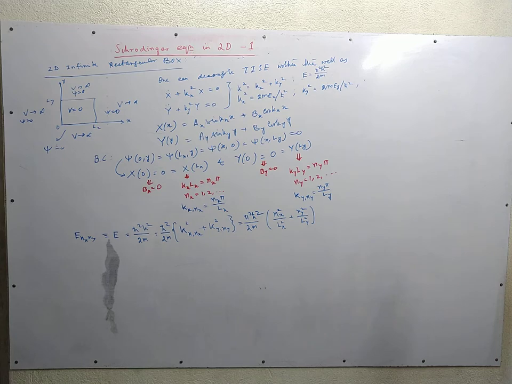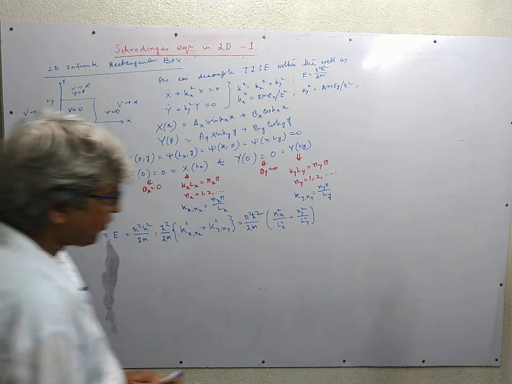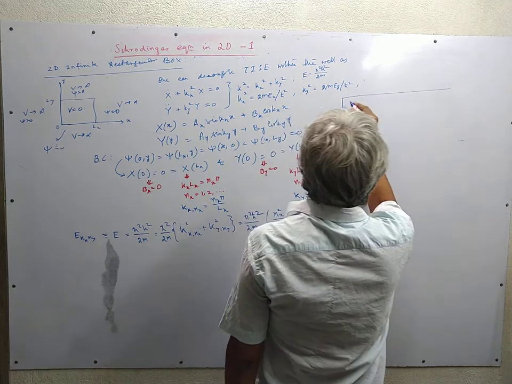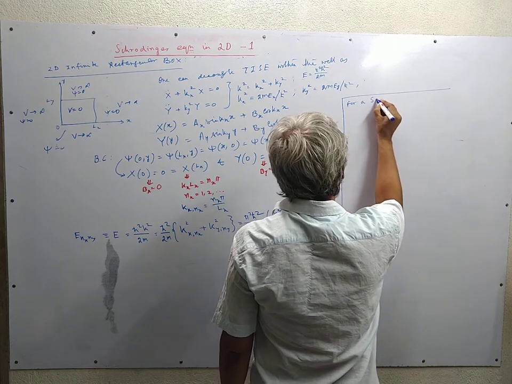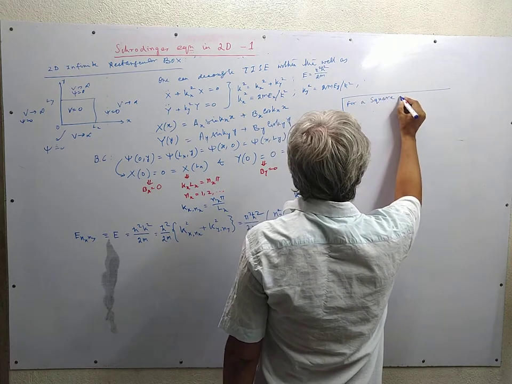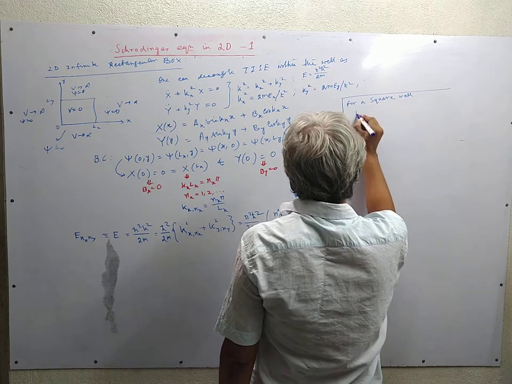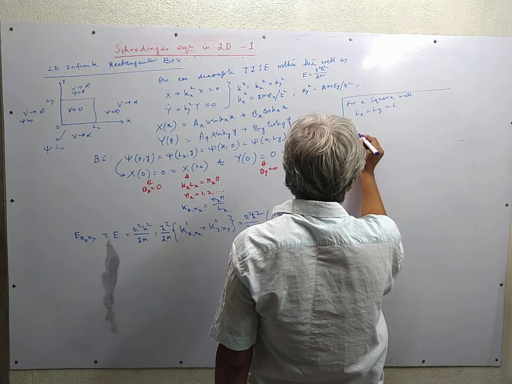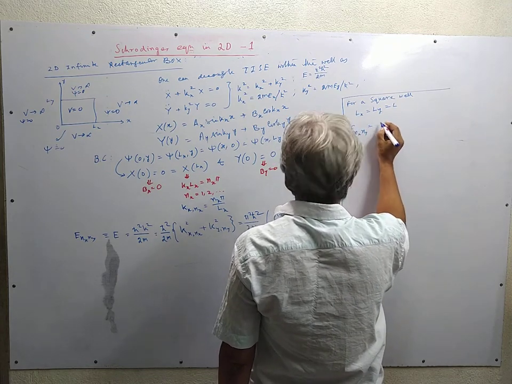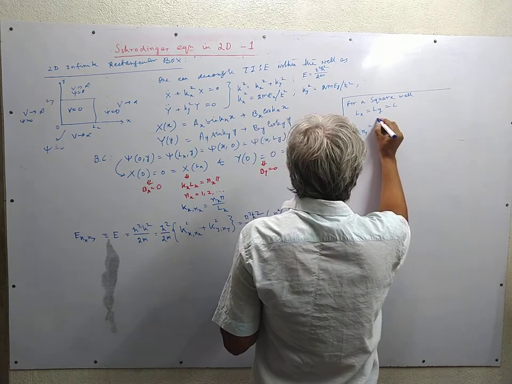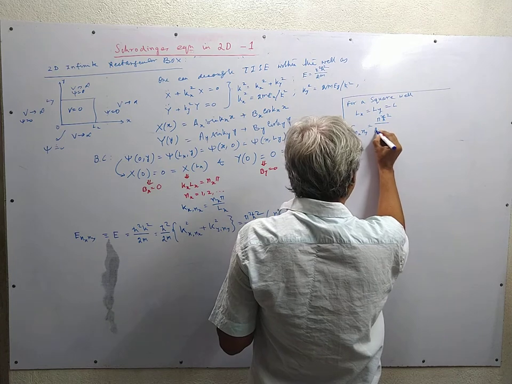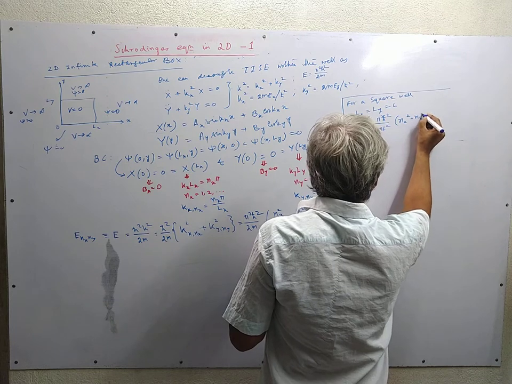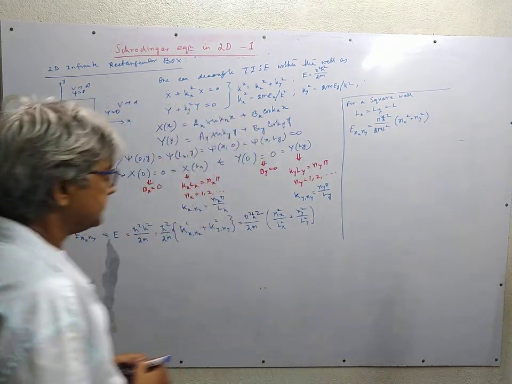A particularly interesting situation arises for a square well. For a square well, Lx is equal to Ly is equal to L, in which case E of nx, ny is equal to pi squared h-bar squared by twice m L squared times (nx squared plus ny squared).